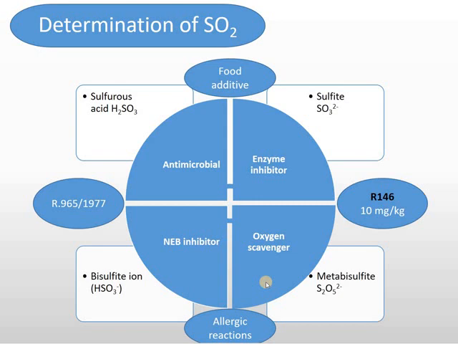You know how allergic reactions go in terms of different people. So that also becomes a problem. So based on all that, we need to regulate how much of it goes into the food, and by doing so, somebody has to be monitoring how much of the sulfites is being added in food products. So that is why we have to do the determination of sulfites.